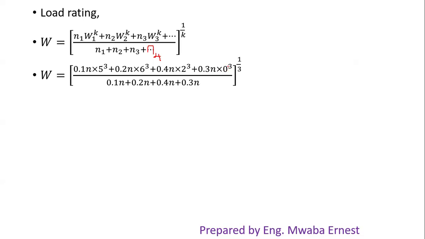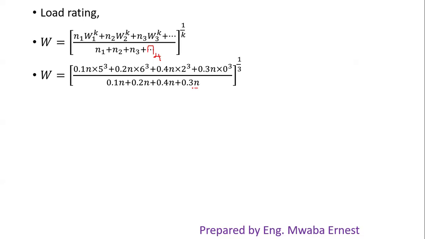And this is why I was saying that equations will not always be the same. There could be a different number there. Whatever number is there is what you use here. What about this? Now we can add the n's. 0.1 n plus 0.2 n plus 0.4 n plus 0.3 n.